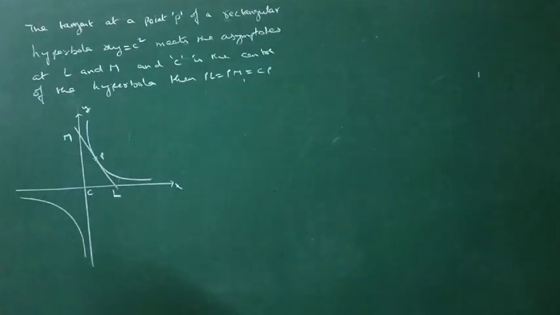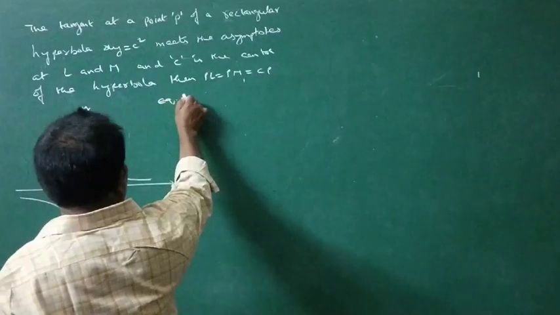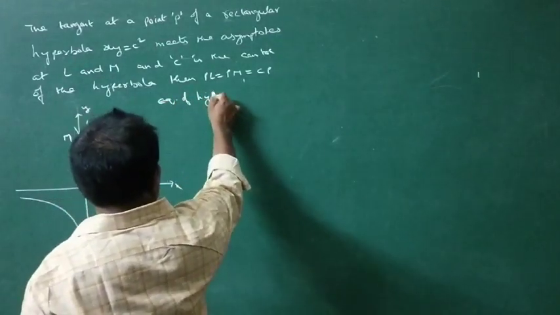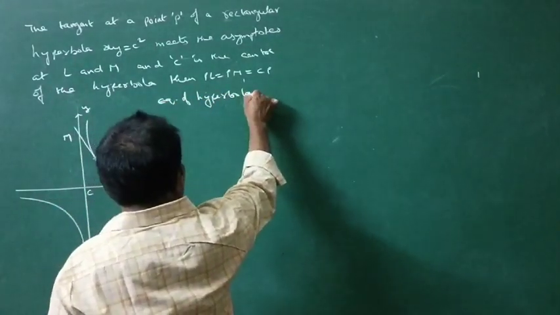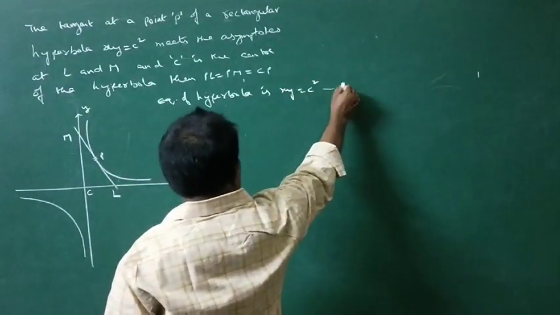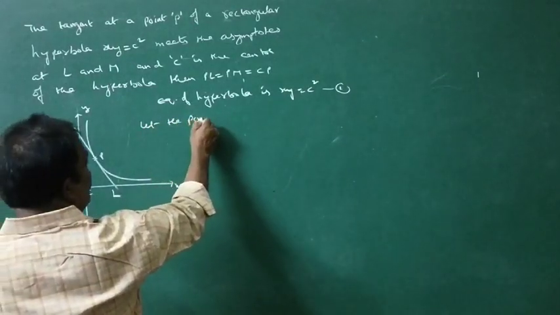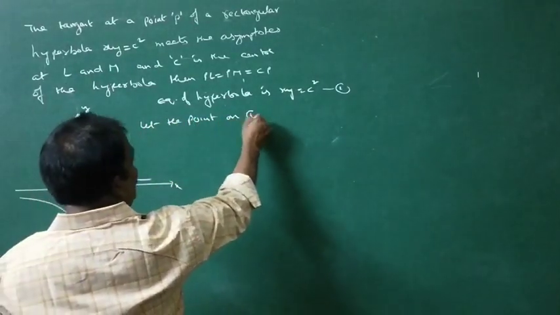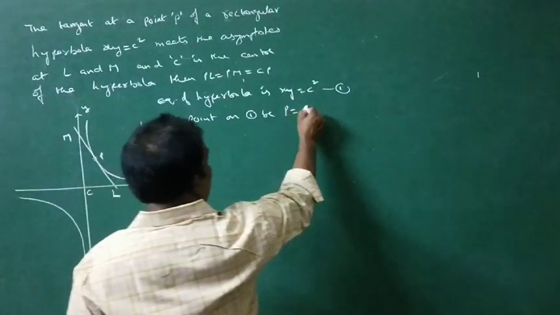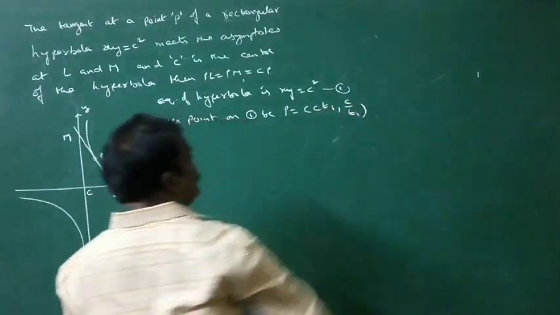Now I am explaining this one. Equation of hyperbola is xy equal to c square. This is 1. That's the point on 1, P, ct comma c by t.